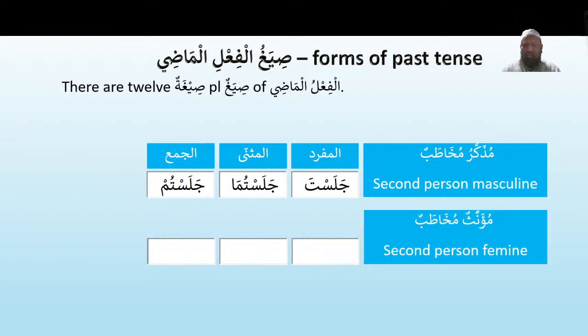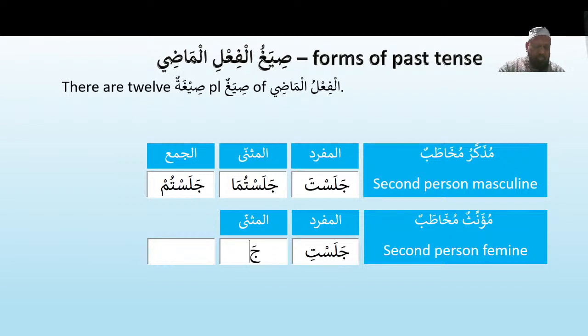Next we have muannas mukhatab. Jalas. Now to make this muannas with the kasra ti, jalasti, mufrad. Al-muthanna, jalastuma, the same as mudhakkar, because it's ta'ul fa'il.